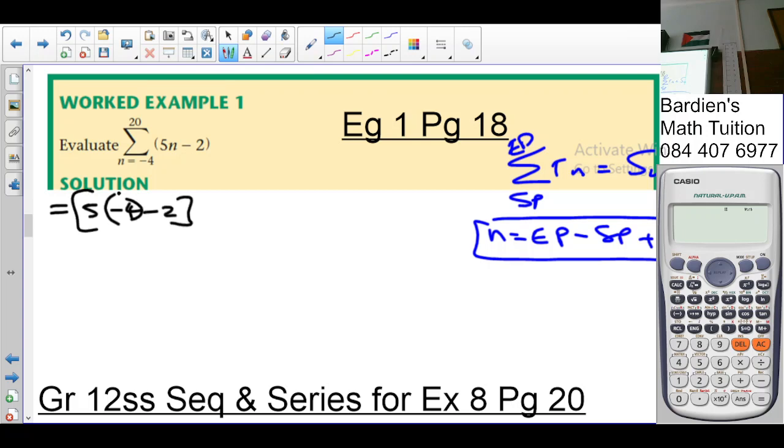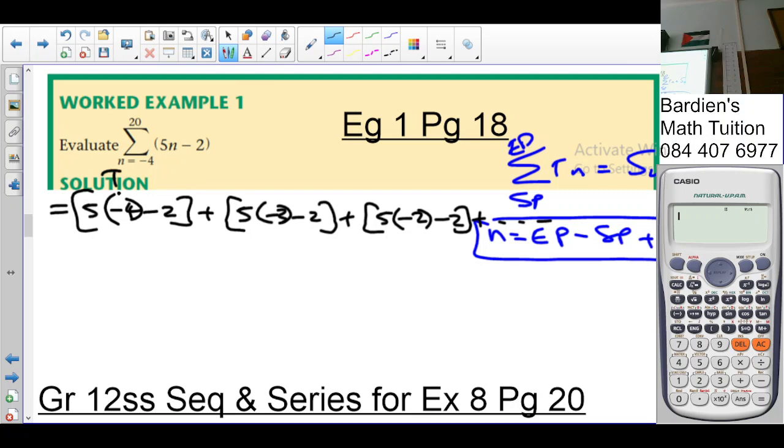That's term 1. What's the next term? Term 2, which is -4 plus 1, is going to give you -3. So it's 5 times -3 minus 2. What's the next term? 5 times negative 2 minus 2, and so on. Okay.